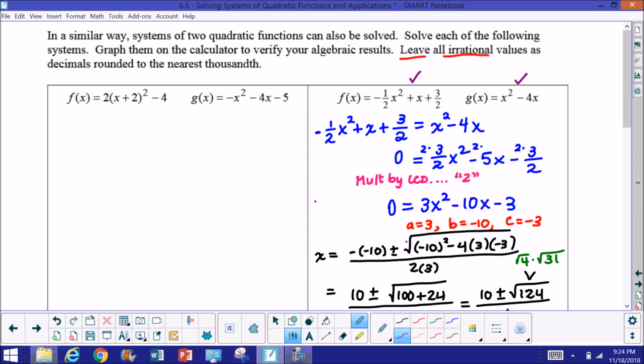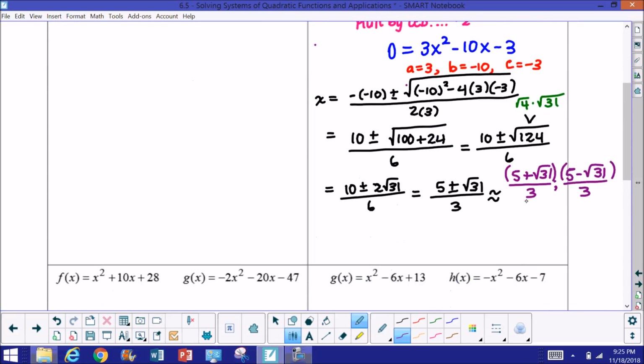They're both fairly ugly because they're quadratic, but you might think g of x might be a little bit easier to work with. So square the answer, subtract 4 times that answer each time for each of these two guys that you get, and pair them up in some nice ordered pairs, all rounded to 3 decimal places.